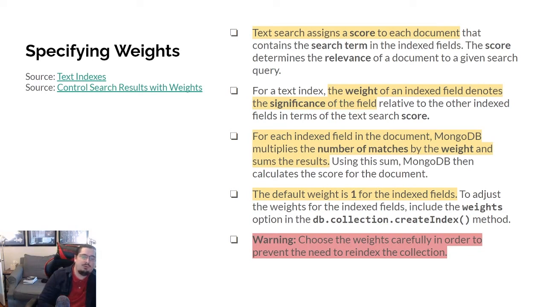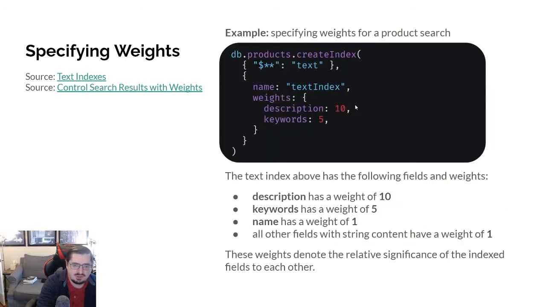Do be careful about how you choose the weights, because it may end up needing to reindex the collection, or because maybe you chose the wrong weight, you might have to throw the index away and create a new one. So you do want to be a little bit cautious as you're creating those weights, and choose something that's more future proofed and is probably not going to change down the line.